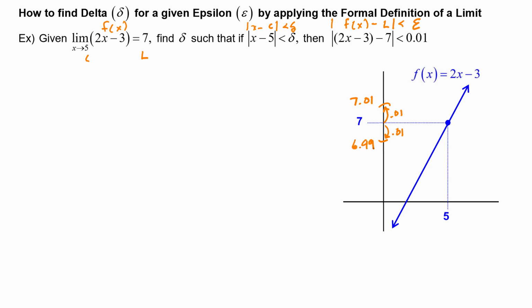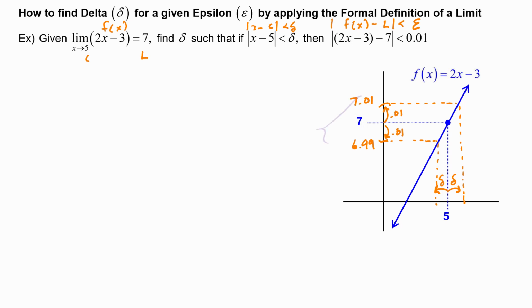And what we have to do is find delta, which will be the interval around our value of c, which of course is 5. Let's draw this in here. We know that delta has to go this way and this way. And our job is to figure out how close we have to keep our x values to 5 so that our y values will be within 0.01 of 7.